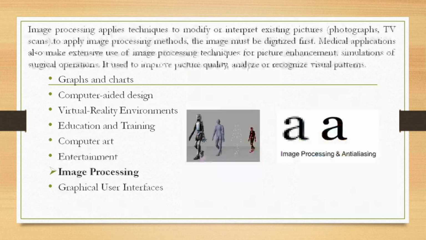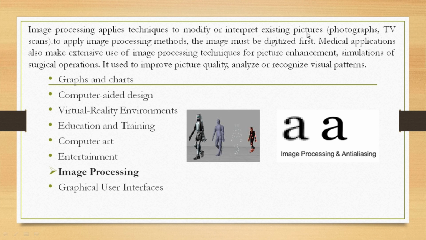Next we have image processing. What do graphics help us do? Computer graphics help us to create a particular image. But if you want to manipulate, modify, or enhance that particular image, that is known as image processing. Image processing applies techniques to modify or interpret existing pictures, such as photographs and TV scans.